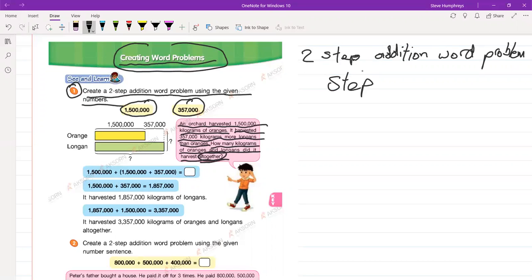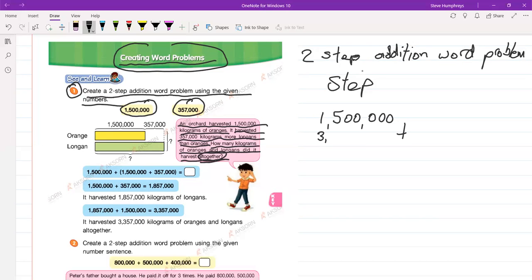We need to add the amount of oranges to the amount of longans to find the total.